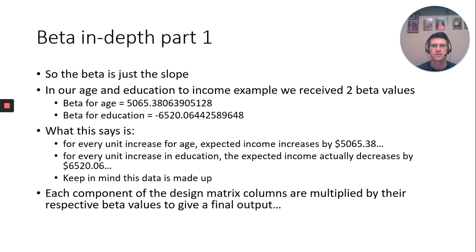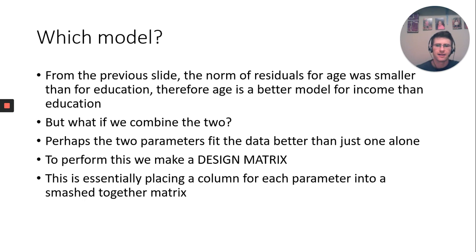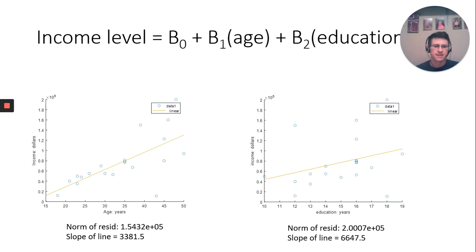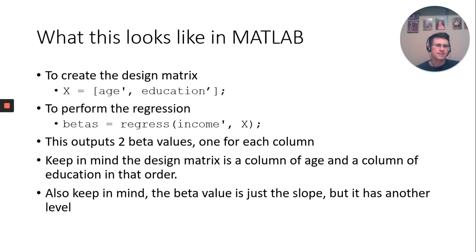So each component in the design matrix columns are multiplied by their respective beta values to give the resultant output. The reason that this slope, so if you go back and you look at the graphs, this actually had a positive slope. So it doesn't click too readily that it would have a negative slope now, but it can make some sense.